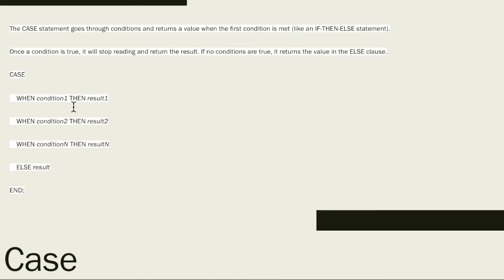Case when condition 1 then result 1. When condition 2 then result 2. When condition n then result n. Else result end. So when the first condition is met, it'll return result 1 and end. If none of those conditions are met, then we just return the result in the else statement.